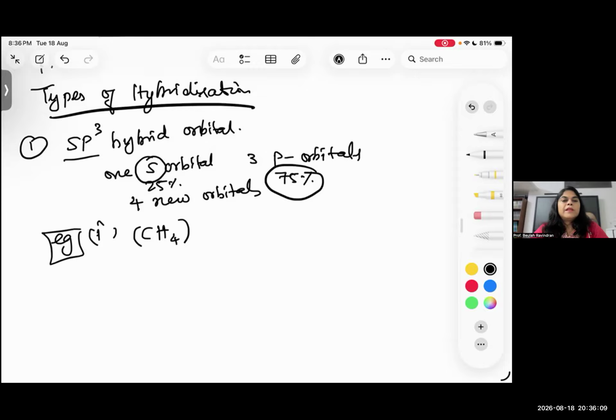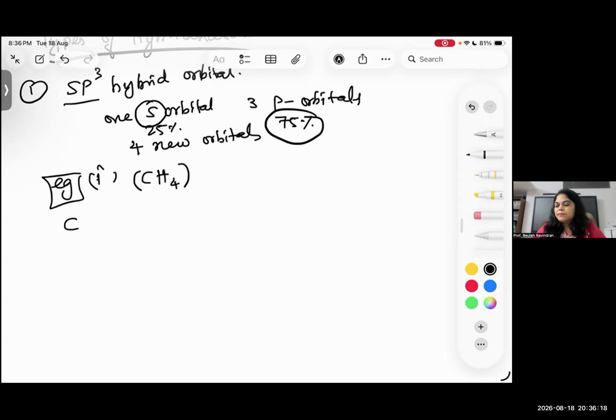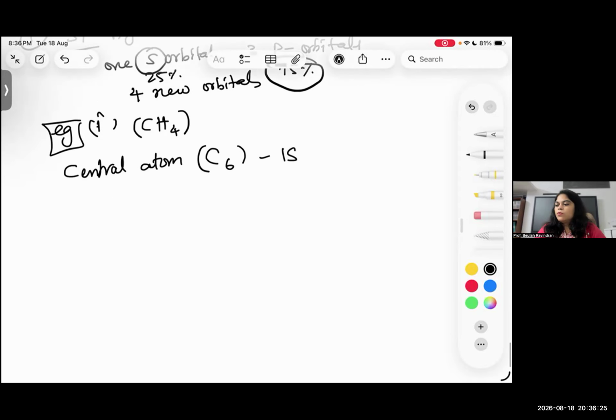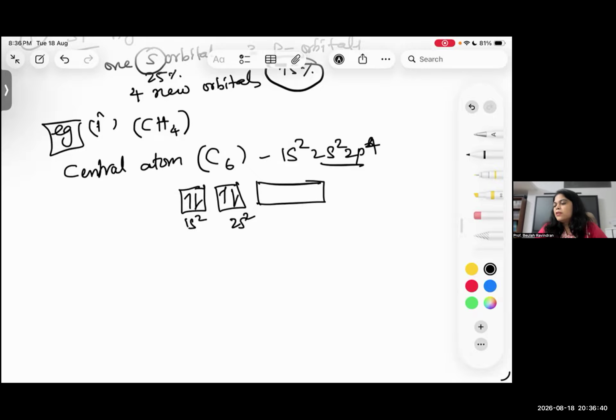You know, carbon has 6 electrons. The central atom C has the electronic configuration, how can we write it? 1s2, 2s2, 2p2. So the valence is like this. How can I represent the orbitals? 1s2, 2s2, then 2p2 here, right?